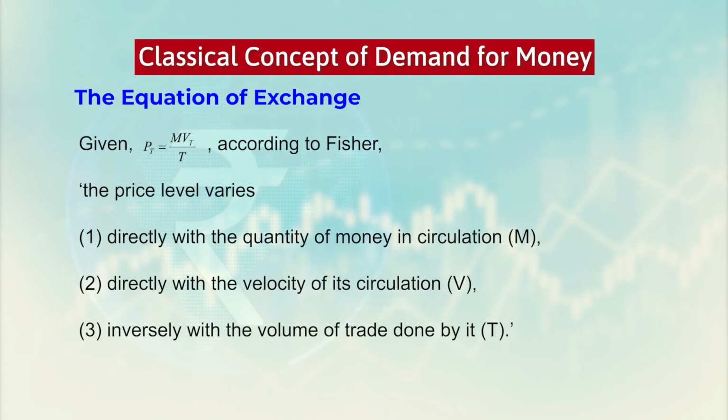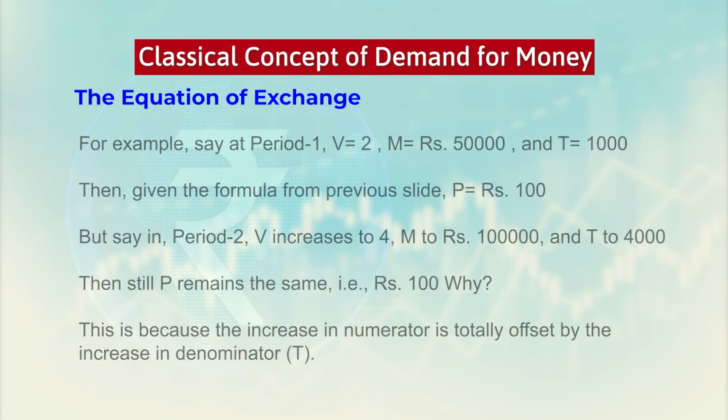And then one can easily check how this Fisherian version of the equation of exchange can be used for different periods to determine the price level of the economy. I am not going to explain much of these numerical examples because they are very clearly written here. I am sure you would be able to follow the whole thing if you go through these points very minutely.